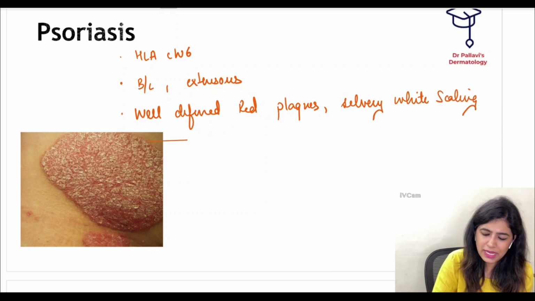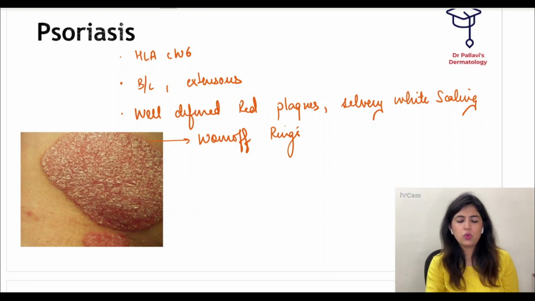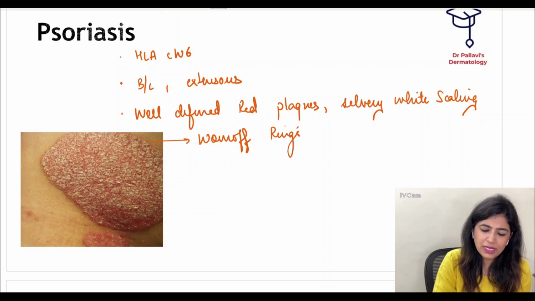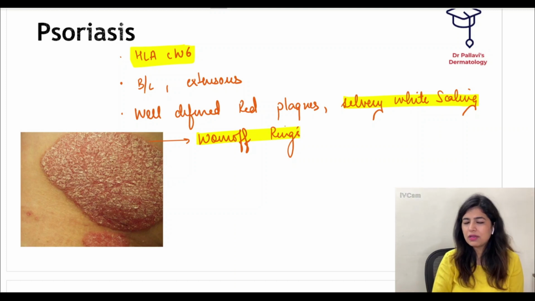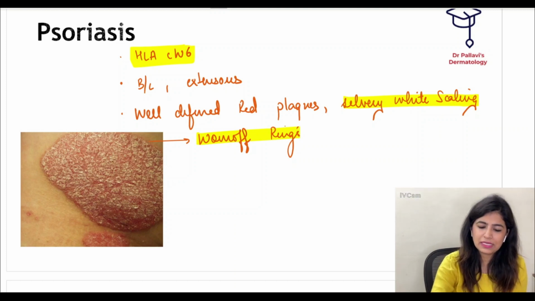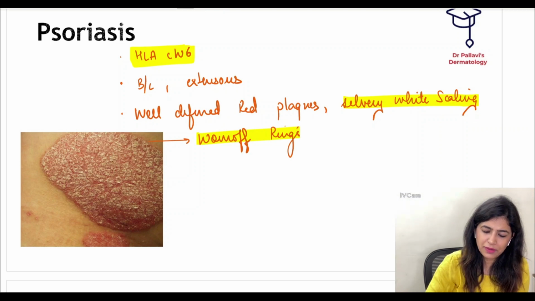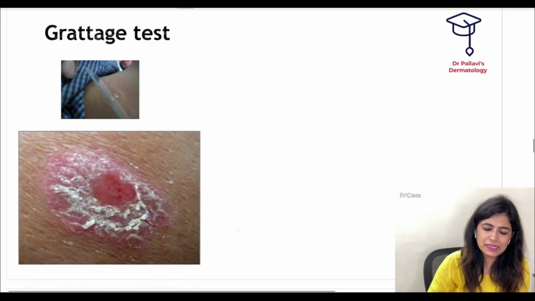There is a ring sometimes around the lesion, that is a pale area, also called as the Woronoff's ring. Okay, so what are the HLA associated? CW6 has a classic silvery white scaling, and there is an area of pallor around the lesion which is called as the Woronoff ring. What are the clinical signs?